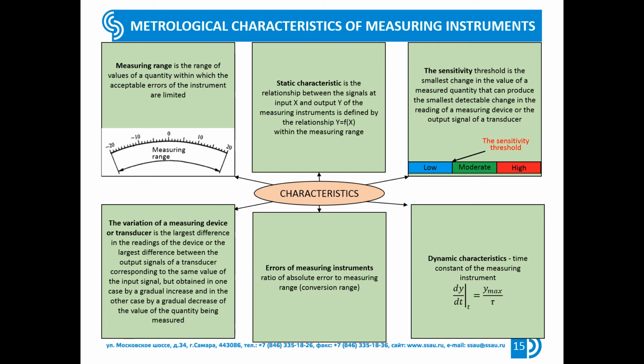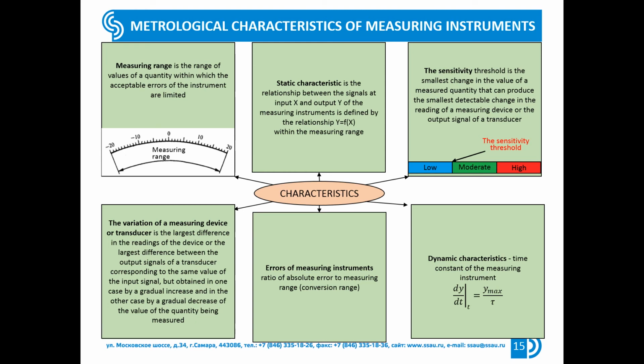Second, within the measuring range, the relationship between the signals at the input X and output Y of the measuring instruments is defined by the relationship Y = F(X), which is called the static characteristic of the instruments. In indicating instruments, the static characteristic is fixed by the scale.